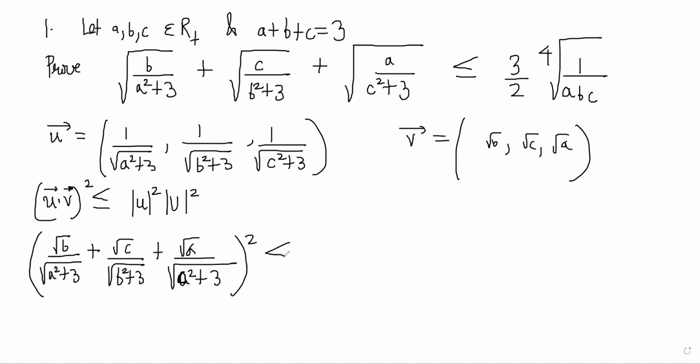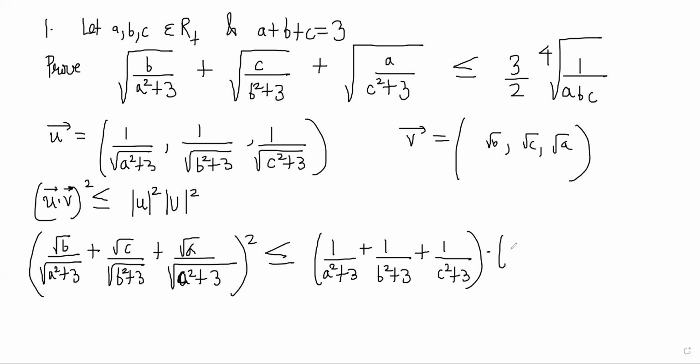This is the LHS, less than equal to, when you do the mod u square and all, 1 by a square plus 3 plus 1 by b square plus 3 plus 1 by c square plus 3 multiplied by b plus c plus a, right? Now b plus c plus a is actually equal to 3.